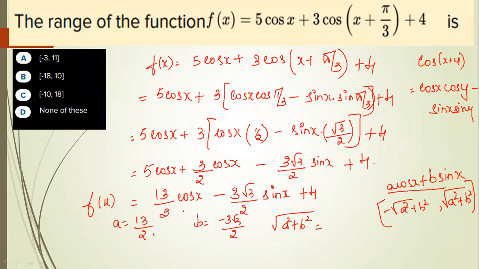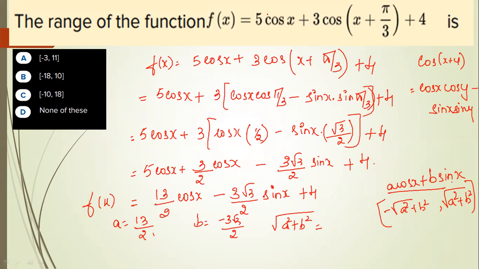Subramanya, the given function, that is 13 by 2 cos x minus 3 root 3 by 2 sin x, is in the form a cos x plus b sin x. Compare: in the place of a there is 13 by 2, in the place of b there is minus 3 root 3 by 2. So I need the value of square root of a square plus b square. What is the value, students? Whoever is there, I want an answer from everyone. Such a simple question.